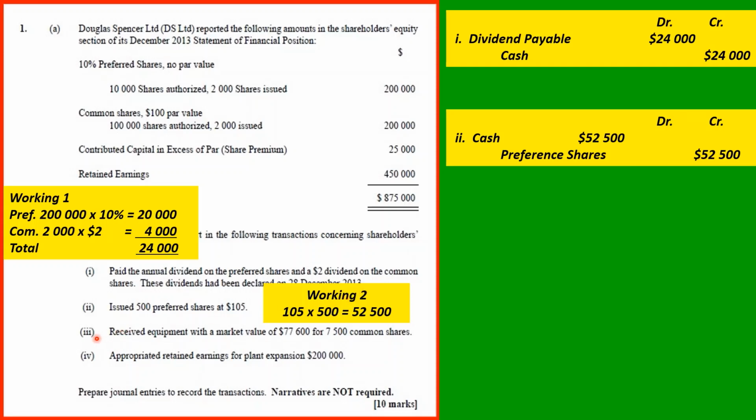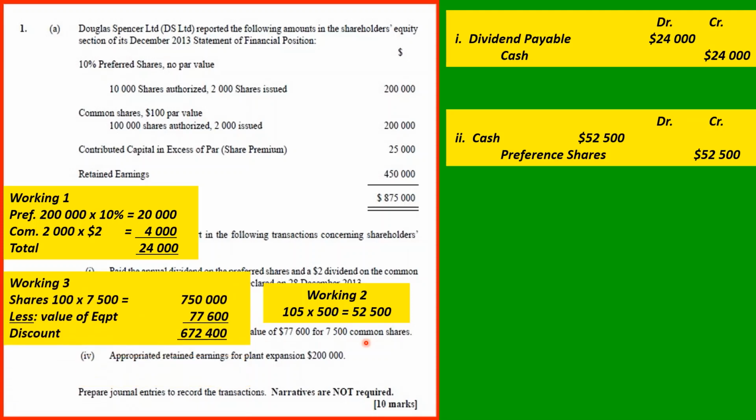The next transaction, we received equipment with a market value of 77,600 for 7,500 common shares. Okay, the workings for that. The par value of the common shares here is $100, and we multiply by 7,500, so we get $750,000.